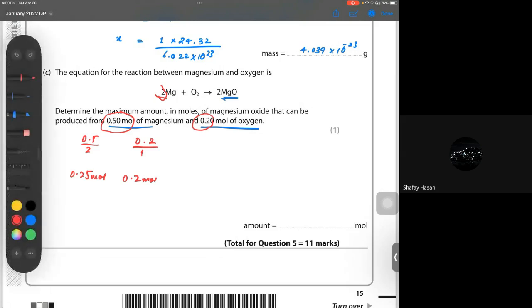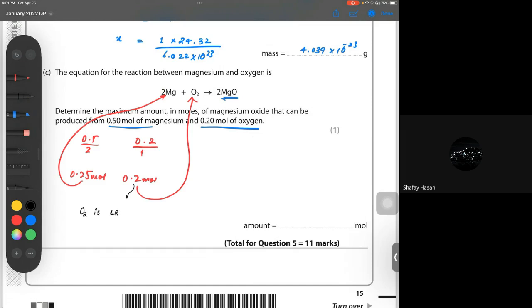After dividing by the coefficient, the answer is 0.25 mole for magnesium and 0.2 moles for oxygen. The moles of oxygen is the smaller number, so oxygen is the limiting reactant.